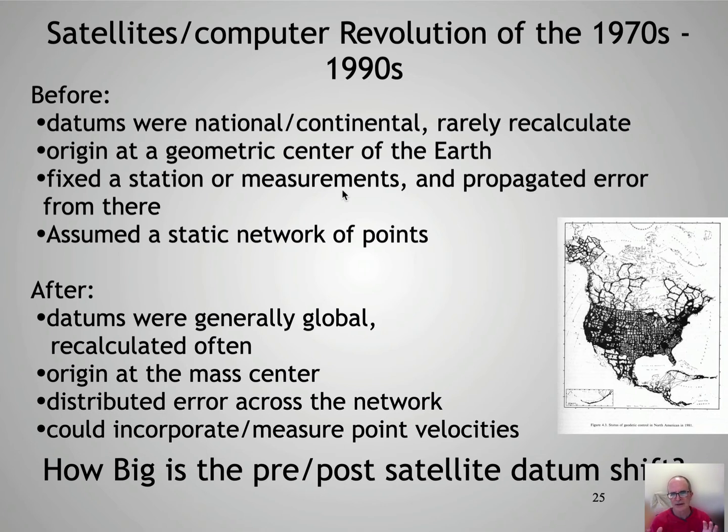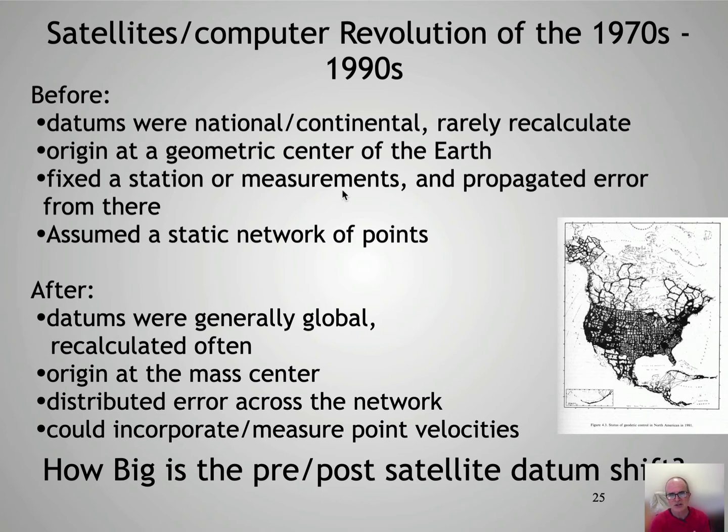We fixed a station of measurements and propagated error from there and assumed a static network of points, that is, the Earth wasn't moving. But between plate tectonics and the improvement in technology, we decided, well, global datums are better because we can use measurements from all over the globe, and they can be recalculated often because we have new computers. Well, with the origin at the mass center, not the geometric center, because satellites allow us to measure the mass center, and we can distribute the error across the whole network equitably, rather than saying some points we're going to fix, we're going to measure out from them.